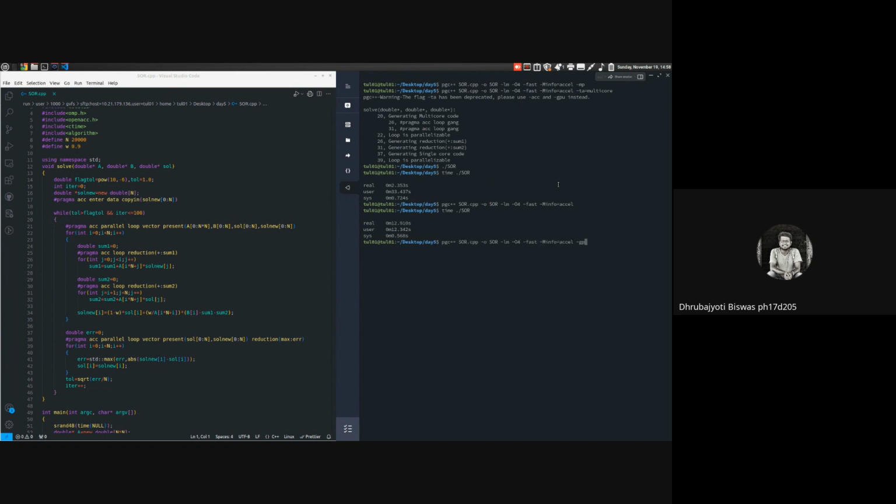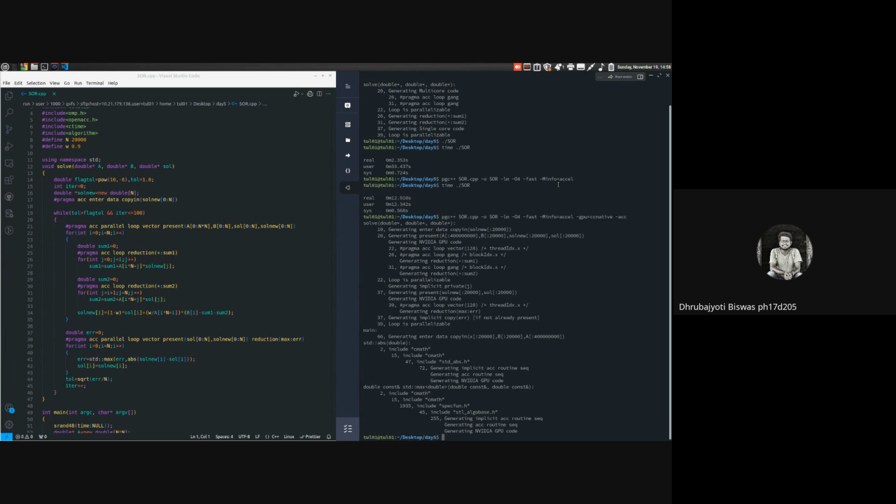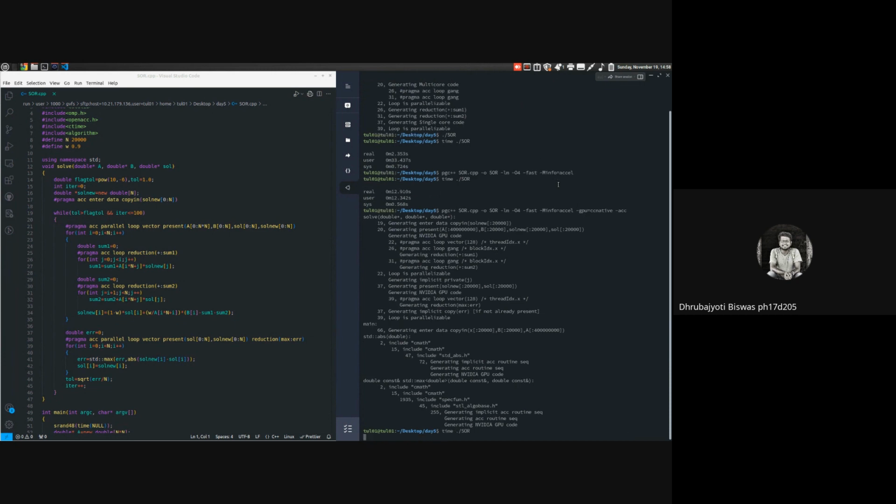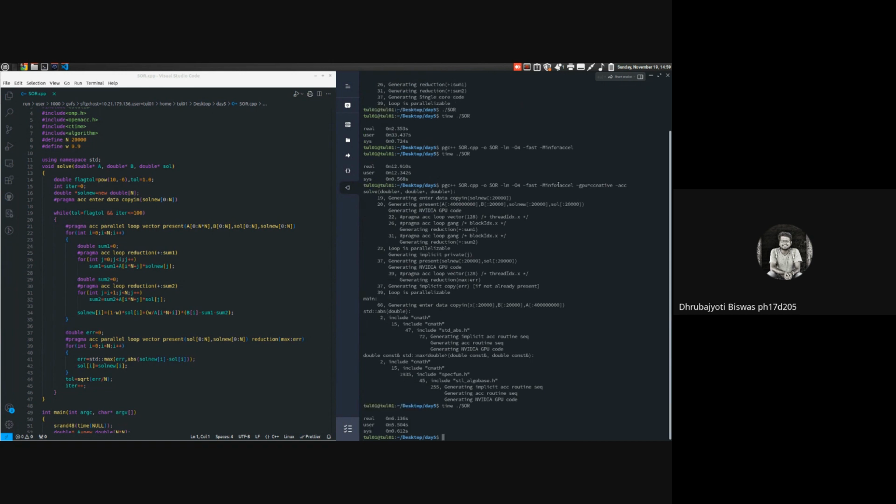Now let's run it on the GPU. Okay, it is taking around 6 seconds.